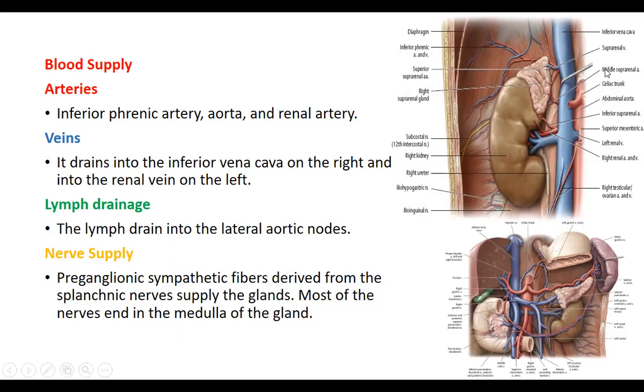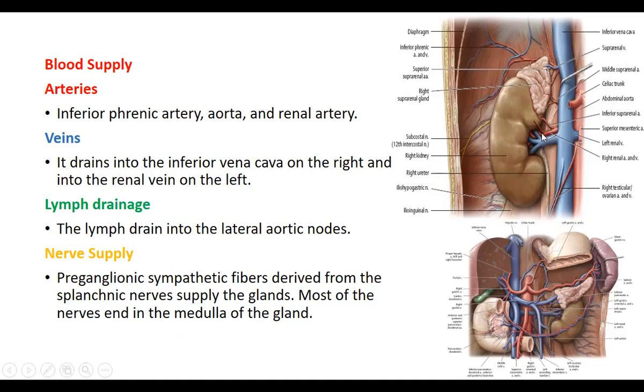Here you can see the middle suprarenal artery, and here is the superior suprarenal artery coming from the phrenic artery. Then there are branches coming from the renal artery. This is the renal artery, and it will be giving branches. These are called the inferior suprarenal arteries. So if the branches are coming from the inferior phrenic artery, then they are the superior suprarenal arteries. If they are coming directly from the aorta, then they are the middle suprarenal arteries.